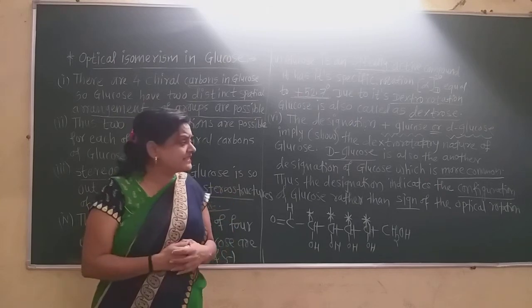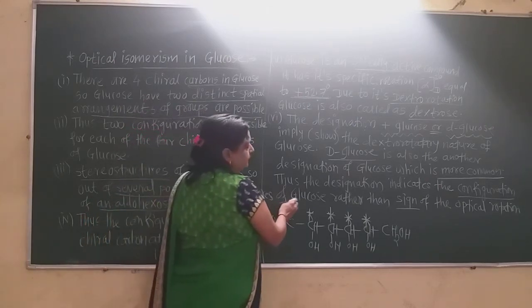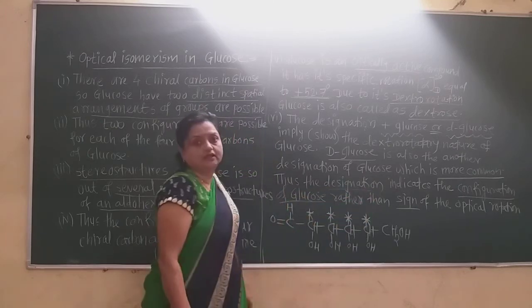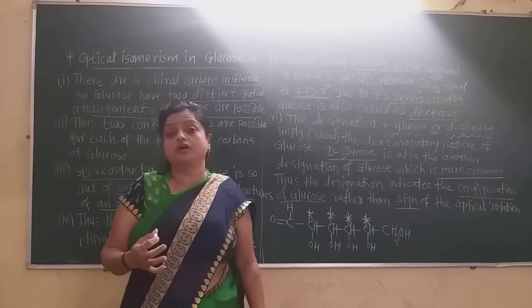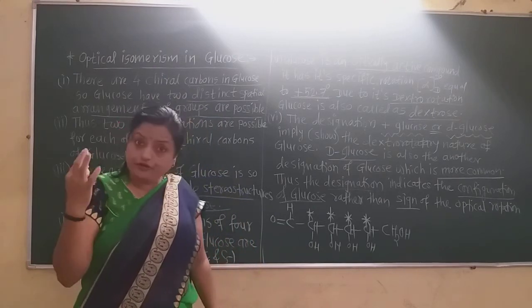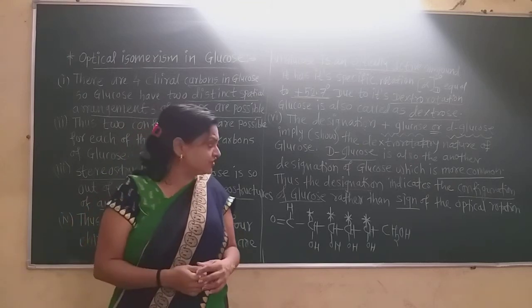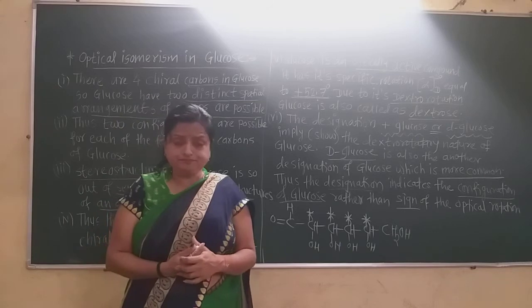What do they indicate? This designation indicates the configuration of glucose. How glucose has its spatial arrangement in space, that arrangement, that configuration, is shown by this designation rather than the sign of the optical rotation.